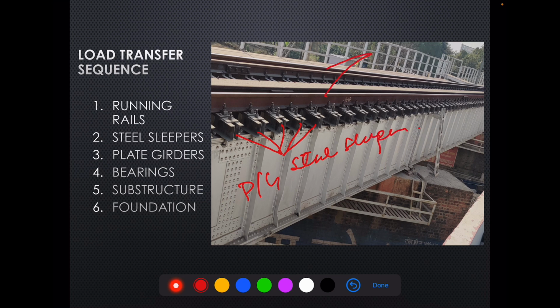Then we have the running rails, and these are the guard rails. Guard rails are normally non-load bearing rails, because only in exceptional cases like derailments do loads come over the guard rails. Otherwise, they are non-load bearing rails.